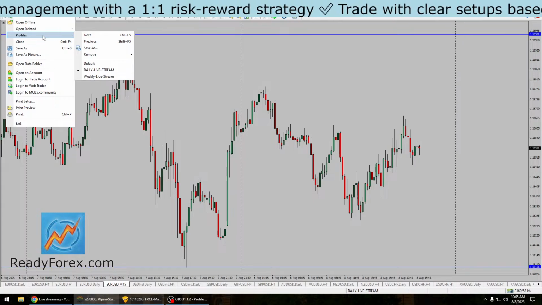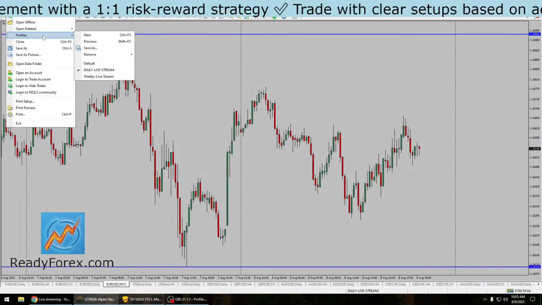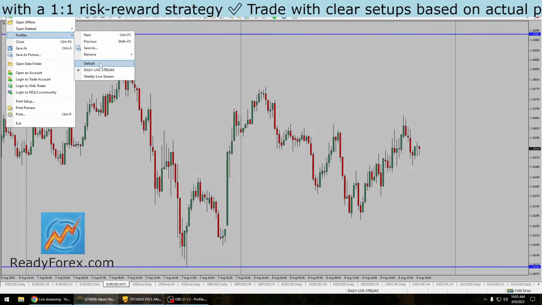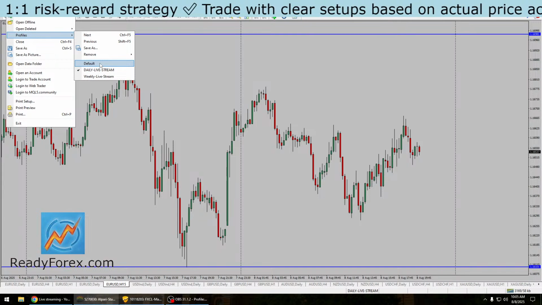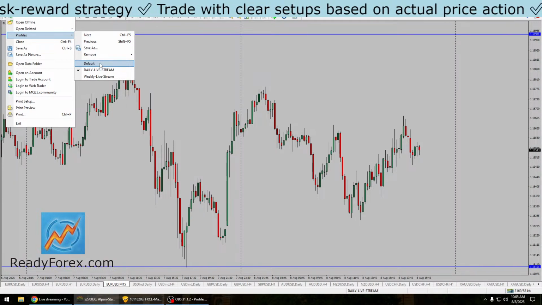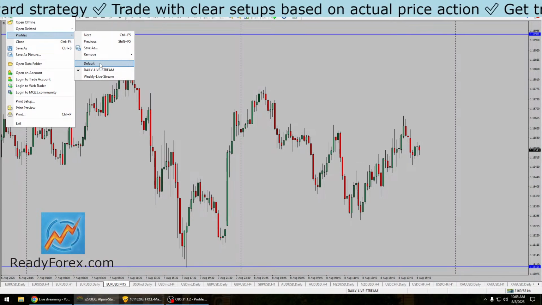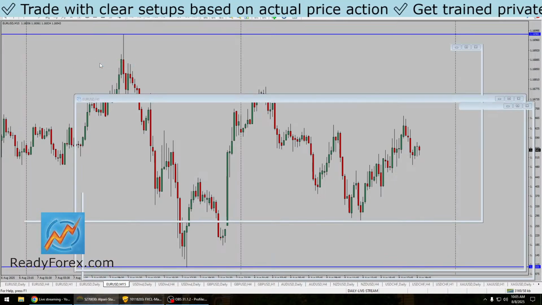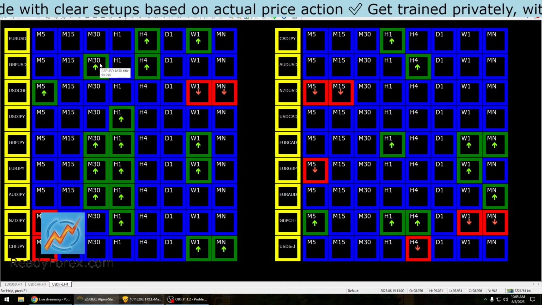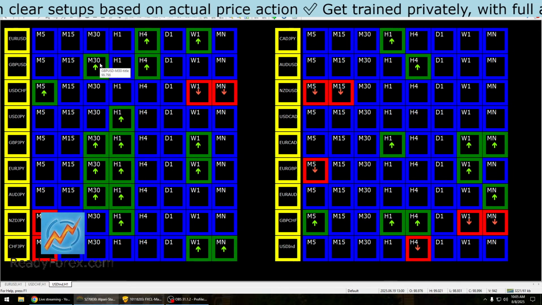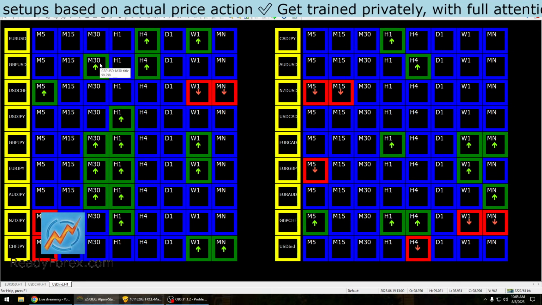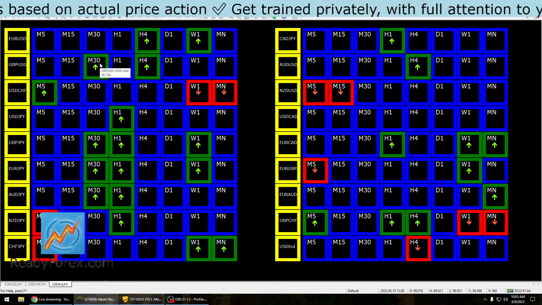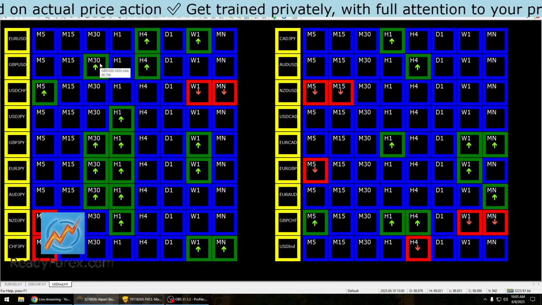Go to the profiles and then go over to the default profile. Give it a few seconds to load the data.